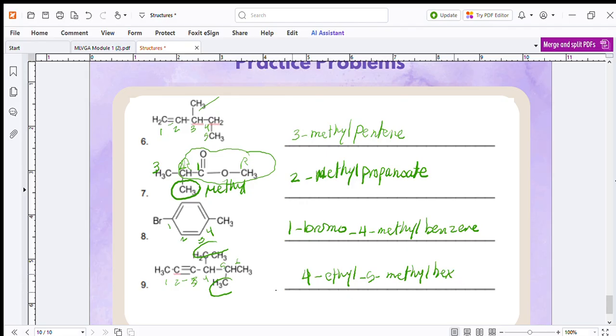Then i-locate natin kung saan ang triple bond. Nandoon po siya sa carbon number 2. Then isusulat natin ang suffix niya which is yne. So 4-ethyl-5-methylhex-2-yne.